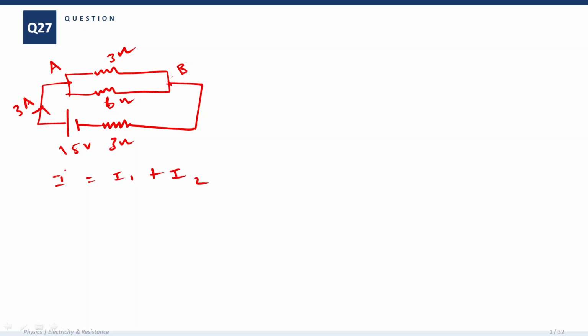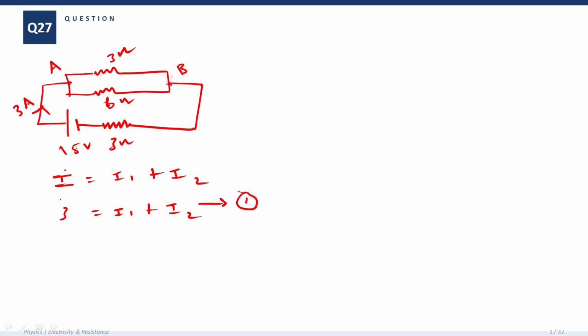How can we get the statement for the junction law? The sum of the current coming towards a point equals the same current moving away from that point. So here the total current we found is 3 amperes. So 3 equal to I1 plus I2. Consider this the first equation.